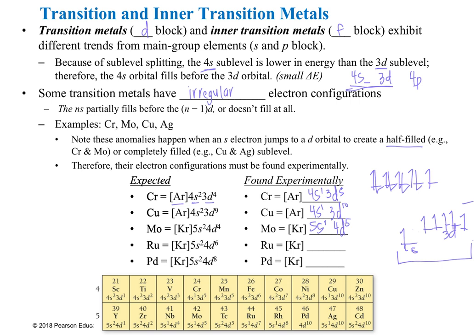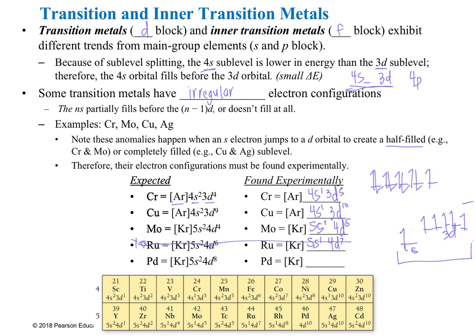We weirdly also see something similar for rubidium. I'm actually not going to, you don't have to worry about that. This one's a really weird one where it ends up being 5s1, 4d7. That one doesn't fall on brand as much, so you're not going to have to worry about that one.